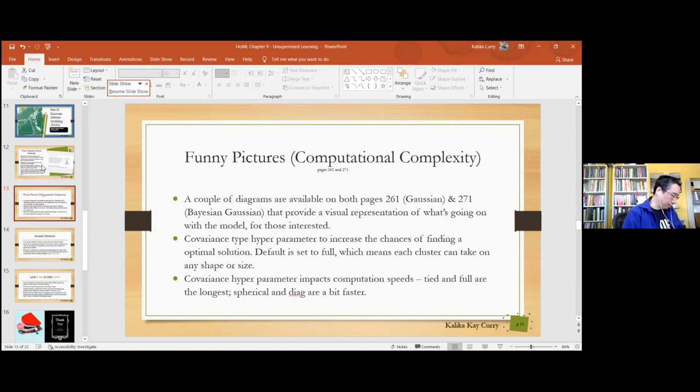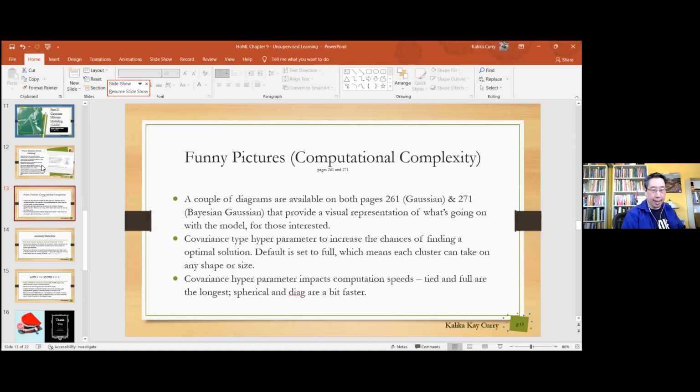Robert, I'm looking at page 265. If you say diagonal covariance matrix, he says that the ellipsoids are going to be parallel to the axes. But actually, I think there's a much simpler way of saying that.